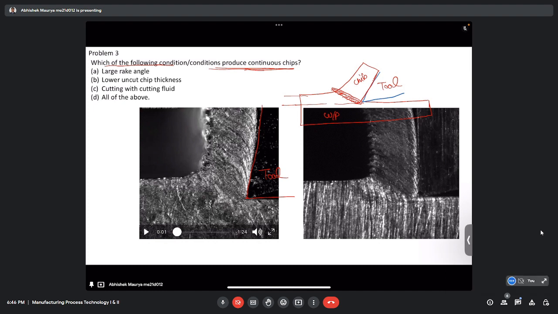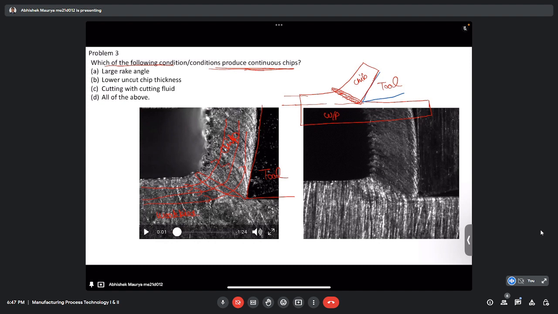So this is the workpiece, and here chip formation is happening. And roughly if you try to see, material is coming like this and it is going this way.